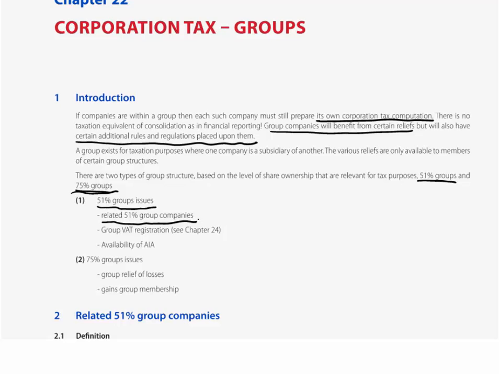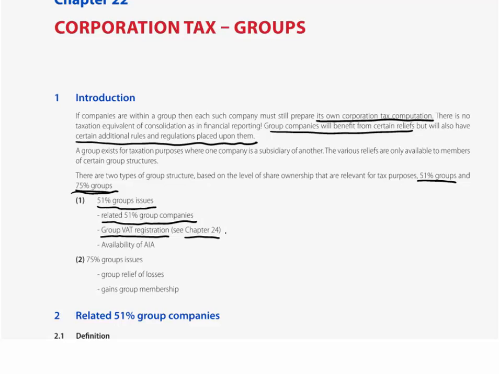If they are in a 51% group, then such companies are entitled to join in a group VAT registration. Now again, as yet we've not seen VAT, that awaits us in Chapter 24. But the idea will be that rather than each company being separately VAT registered in its own right and having to submit therefore its own VAT return each return period, that is normally on a quarterly basis, we are allowed to join companies within an overall group VAT registration.